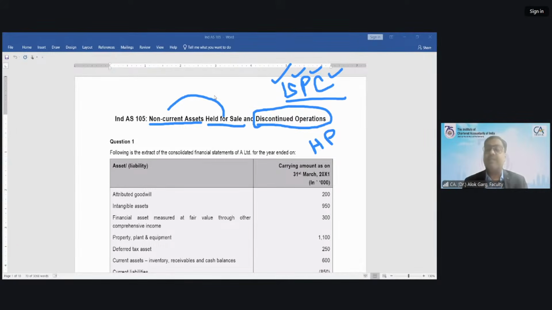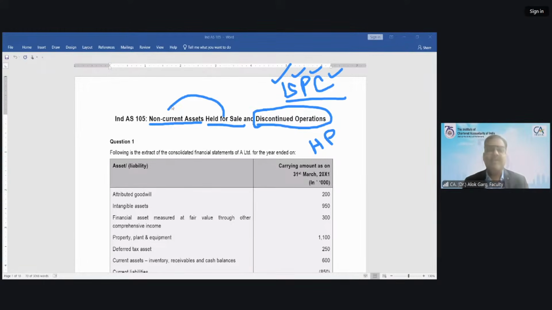For example, if a building has been classified as held for sale on 30th September 2025, then you have to determine the carrying value of that building as per Ind AS 16 on 30th September 2025, and determine fair value less cost to sell on the same date. Whichever is the lower value becomes the value of the non-current asset held for sale. So this was the overall context.